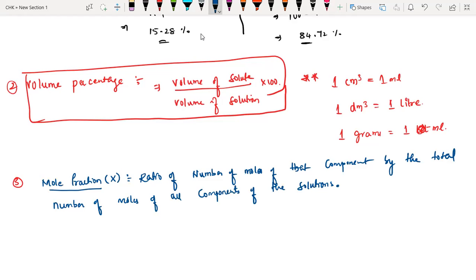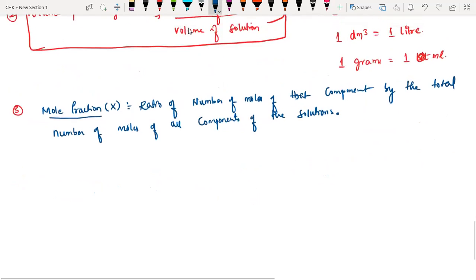Okay. Suppose I have taken the solution here. So it has two things. One is Na, the other one is Nb.